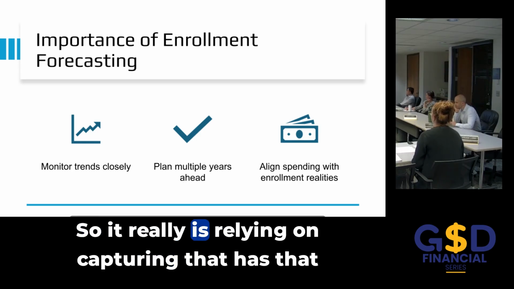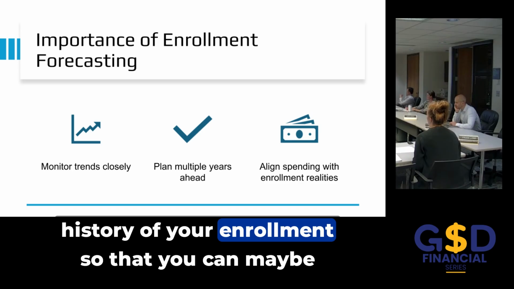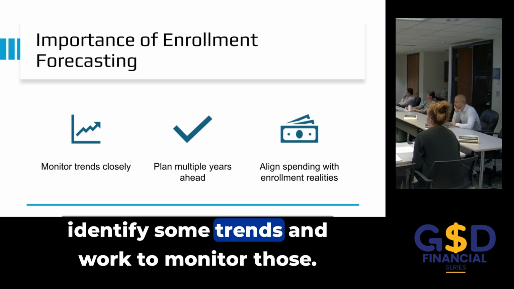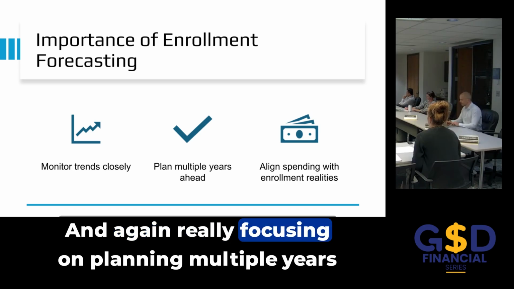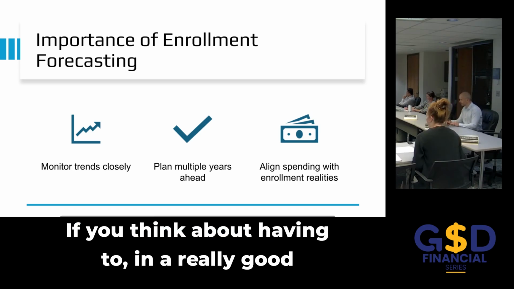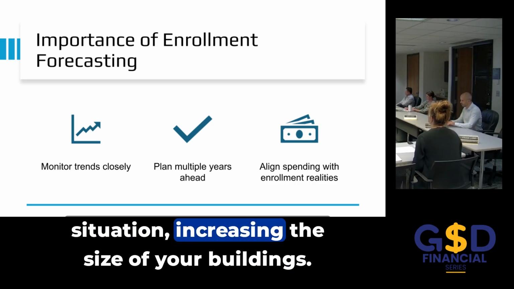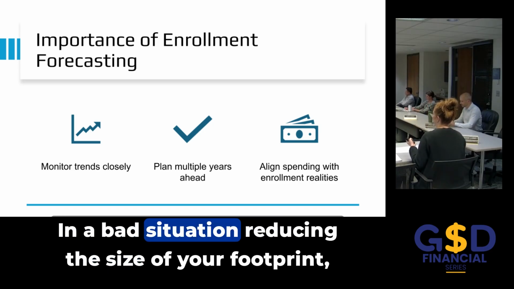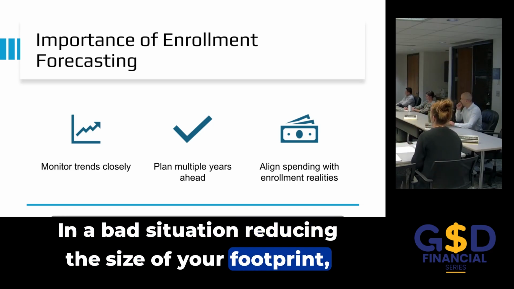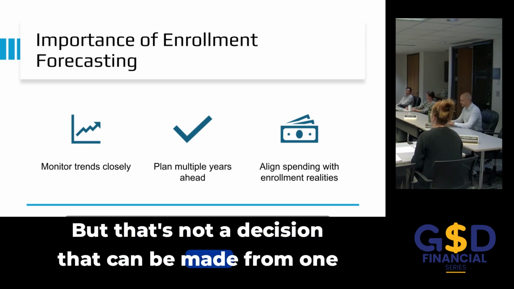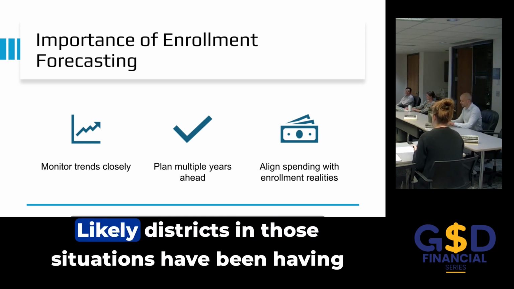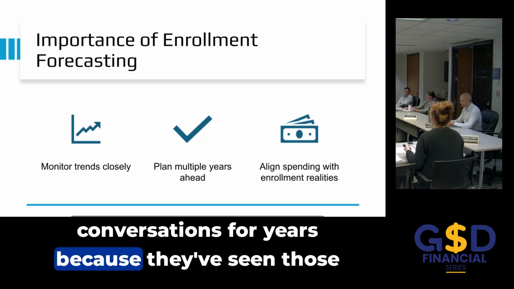So it really is relying on capturing that history of your enrollment so that you can identify some trends and work to monitor those. And again, really focusing on planning multiple years ahead. If you think about having to, in a really good situation, increase the size of your buildings, or in a bad situation, reduce the size of your footprint, right? That's not a decision that can be made from one year to the next. Likely districts in those situations have been having conversations for years because they've seen those trends.